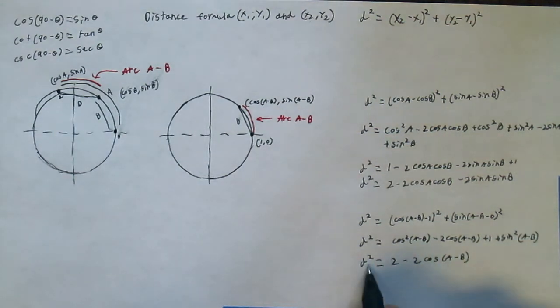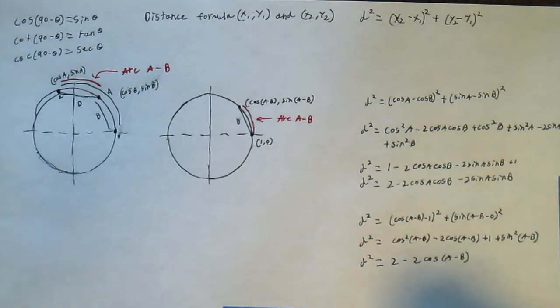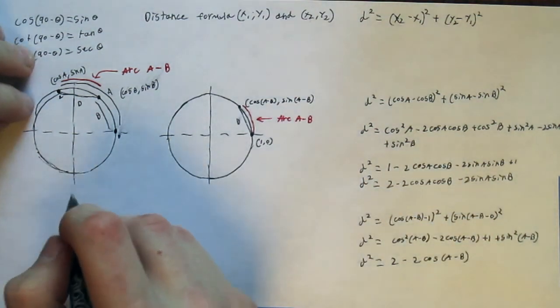So now we have our cosine of A minus B. The distances are not what we really care about. What we care about is what this equals, so we need to isolate this. We set the two d squareds equal to each other.